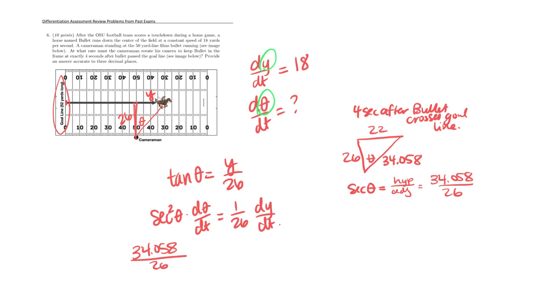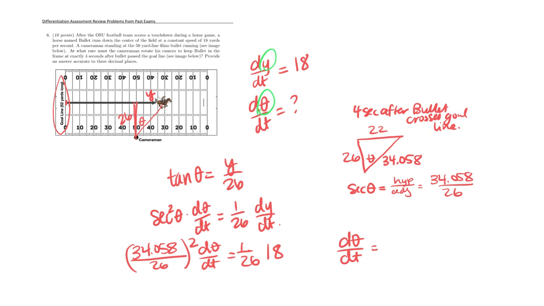So secant squared theta is going to be 34.058 over 26, squared, d theta dt equals 1 over 26, and then dy dt we know was 18. I can put that into my calculator and solve that d theta dt is equal to 18 over 26, and all of that is divided by 34.058 divided by 26, and then all of that squared.